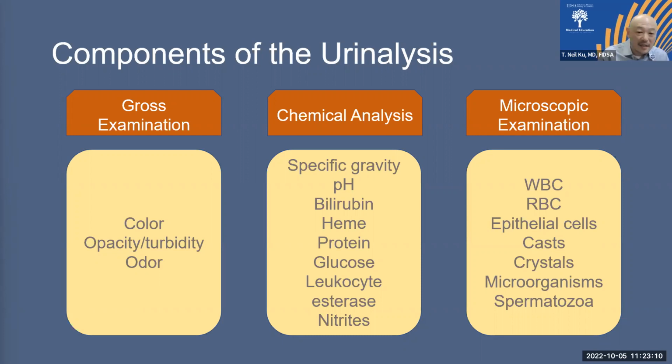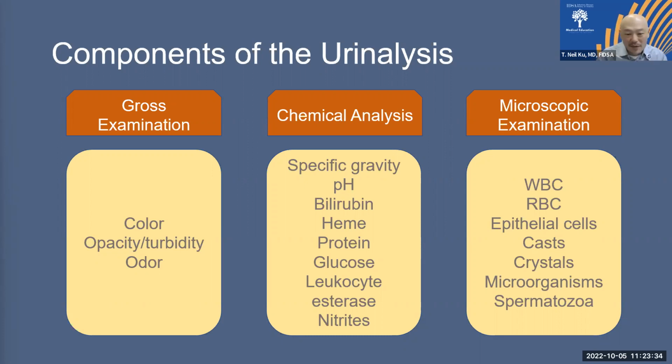The second is the chemical analysis, and there are several different tests in there: specific gravity, pH, protein, hemoglobin, and glucose. But the two other ones that a lot of clinicians tend to use are leukocyte esterase and nitrites, and I'll go into a little detail about what they actually are.